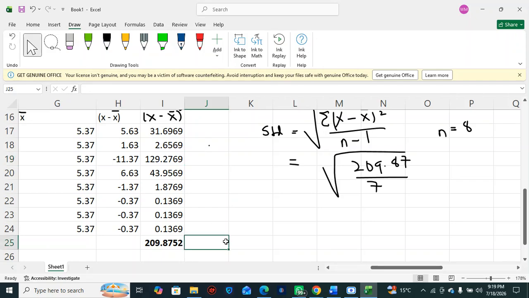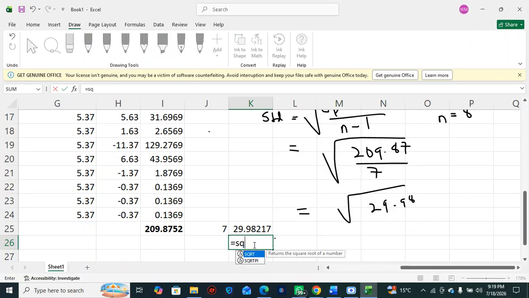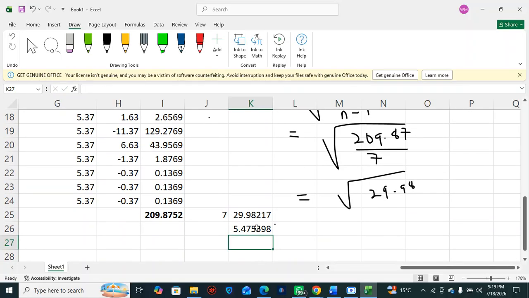So when we divide 209.8752 by 7, we get 29.98. Then the square root of 29.98 is 5.47. This is our standard deviation, 5.47.